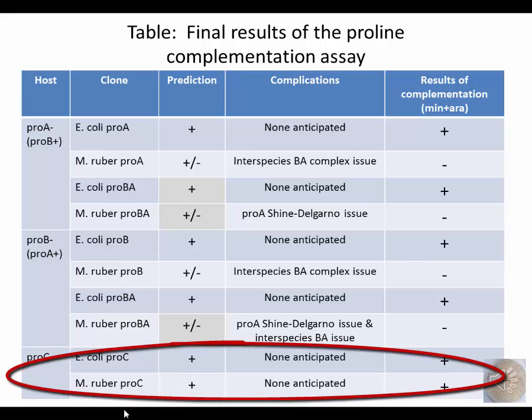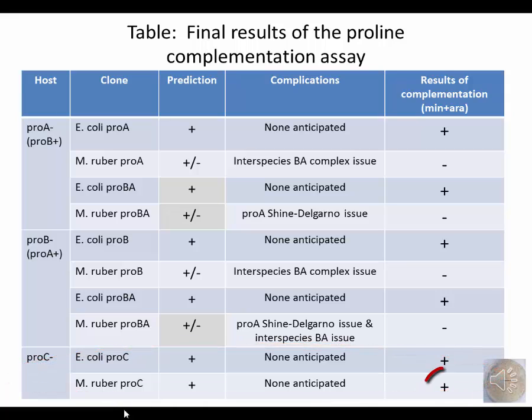I'm going to go right down to the bottom of this table. M-Ruber 1345, what we're predicting is Pro-C, very definitely complemented the E. coli Pro-C null. So we know that M-Ruber genes can be expressed in E. coli.